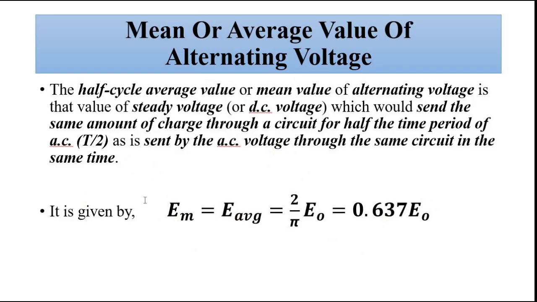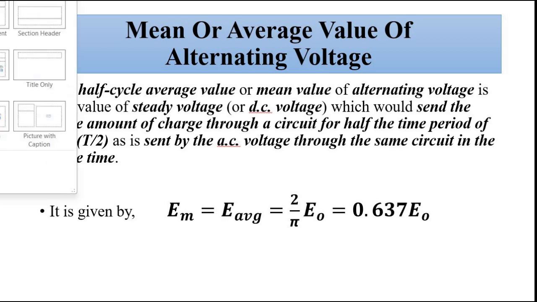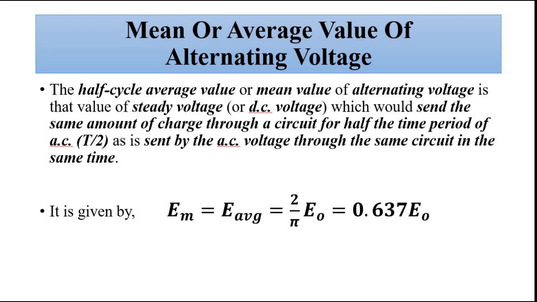Then the other important things: first is the mean value or average value of alternating voltage and current. Let us try to understand what mean value or average value is in a quick way. Let's first see the definition.